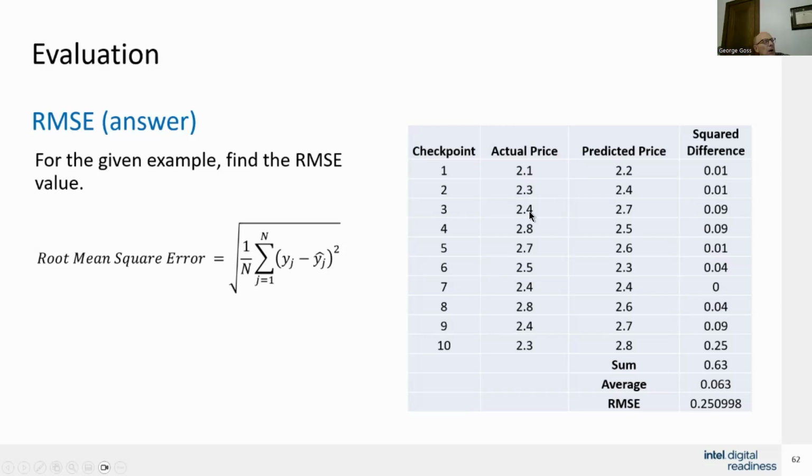Can I make a comment? Yes, George. I think that y hat is the mean. They're in the root mean square error formula. They're not doing it from each one. They're doing it from the mean. Okay. Is that correct? Well, the mean is actually calculated separately, right? So in other words, that's where the n comes in here.